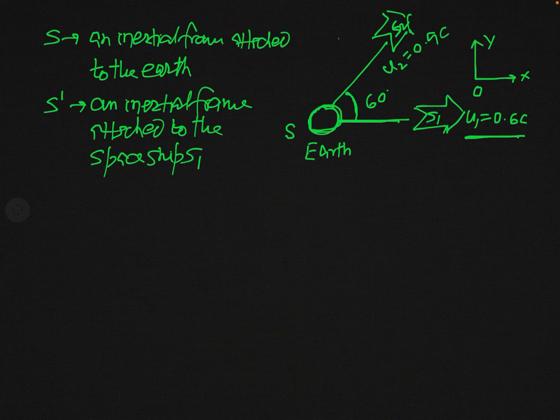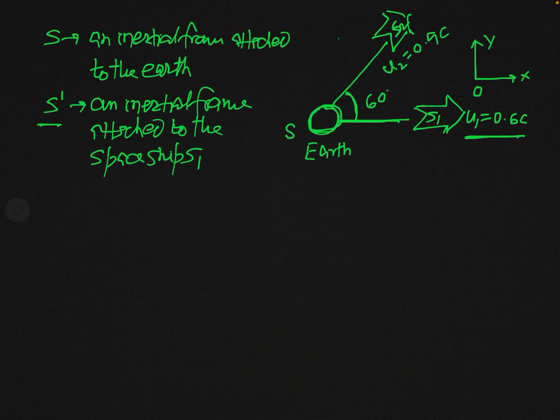And so this second spaceship S2 is just behaving like an object or a particle whose speed is to be determined with respect to this frame S prime. And S is an inertial frame. So definitely we should apply the velocity transformation equation.